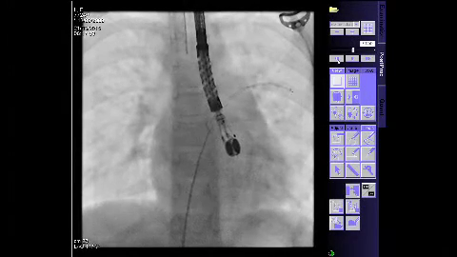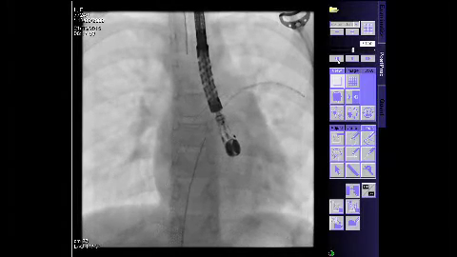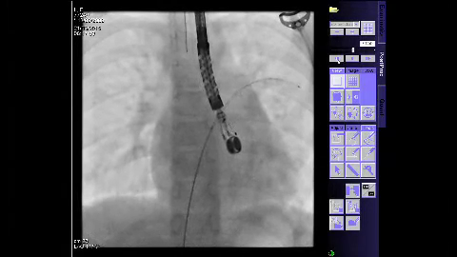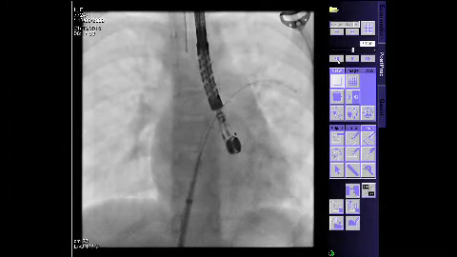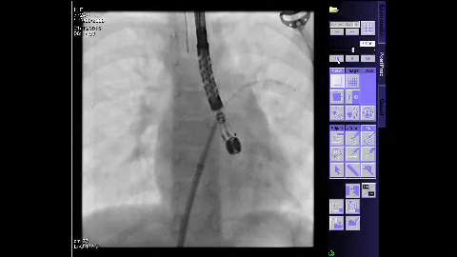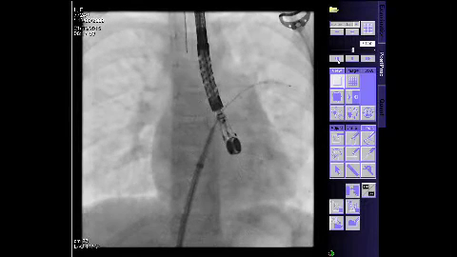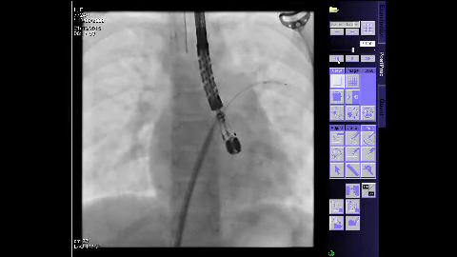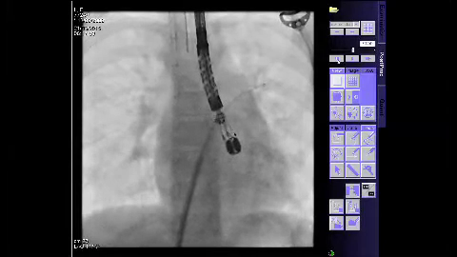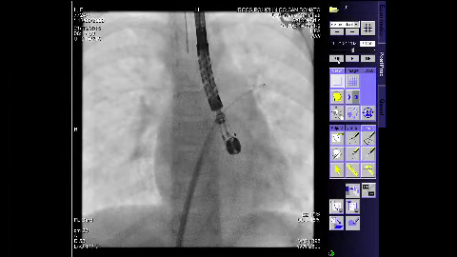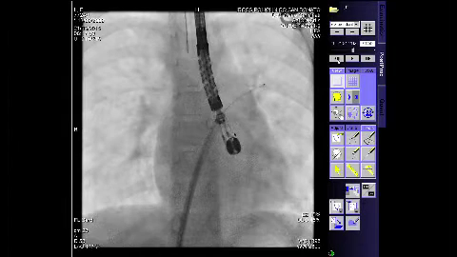Well, the wire is in the left upper pulmonary vein, as you see. I'm advancing the sheath, entering the left atrium. Now I'm advancing the sheath, withdrawing the dilator. Well, one important step is to avoid air entry.